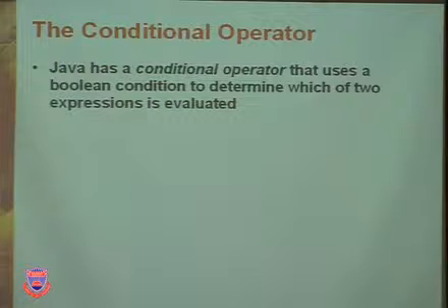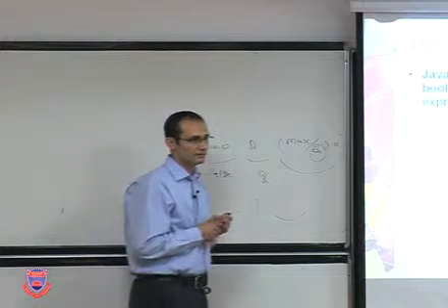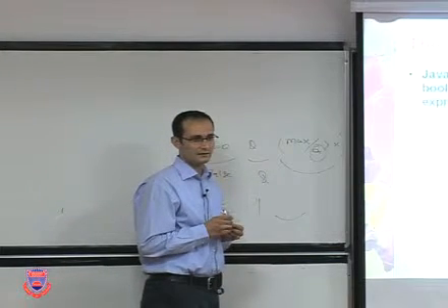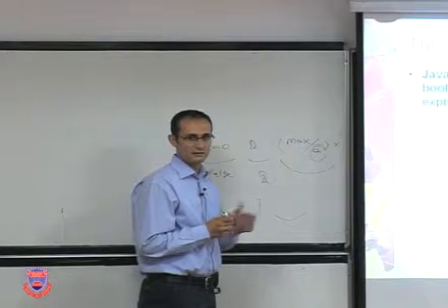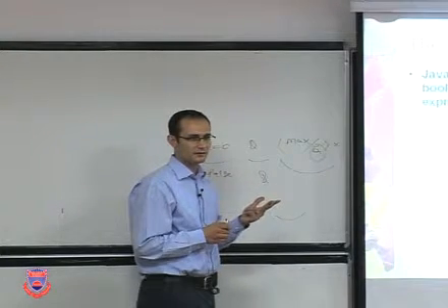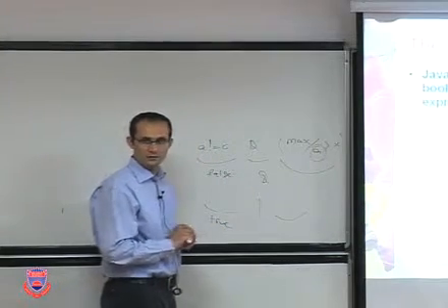So the conditional operator, anybody remembers what this conditional operator is doing? Ternary operator. Does it ring a bell? Ternary. What does ternary mean? Unary, binary, ternary. So you have three arguments to this operation.